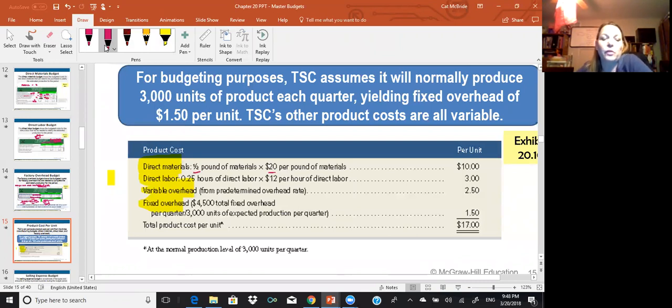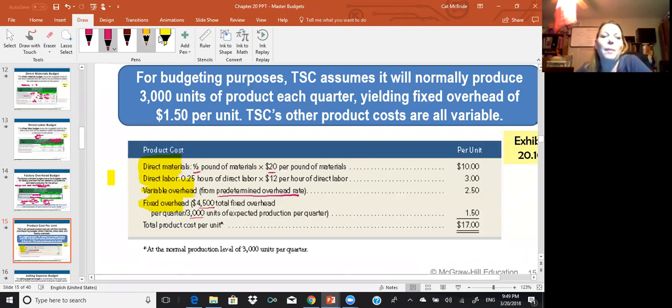Our direct labor was 15 minutes at $12 an hour, so each unit was $3. Our variable overhead, using our predetermined overhead rate, is $2.50 per unit. Our fixed overhead was 4,500 total fixed overhead per 3,000 units of expected production.